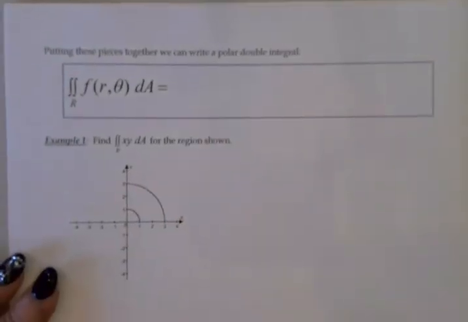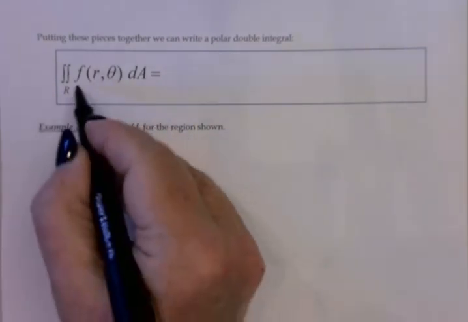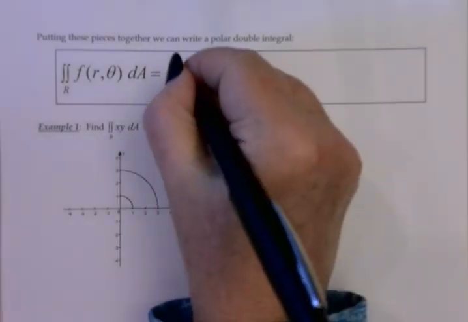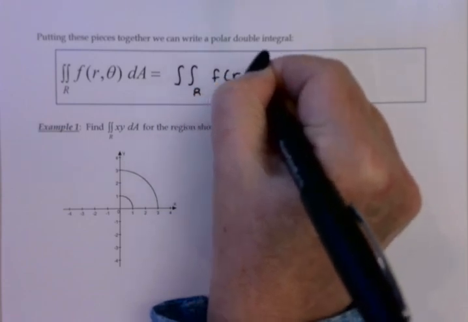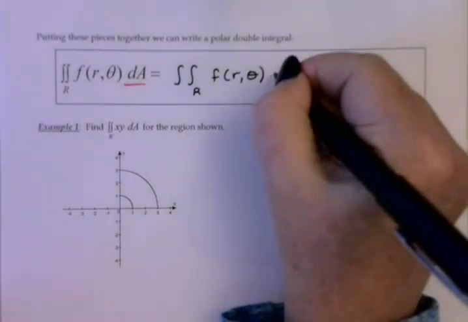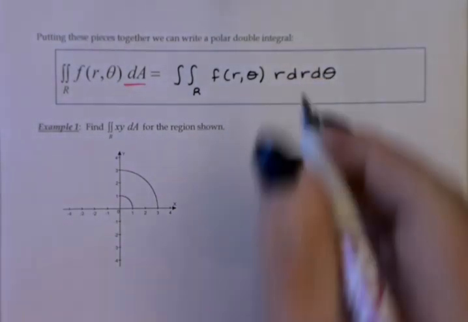Let's write that out formally on the top of the next page. If I have the double integral over a region R of a polar function, f of r and theta, dA, in order to do that integral, I'm going to have to take this dA and always replace it with what we just calculated, r dr d theta.